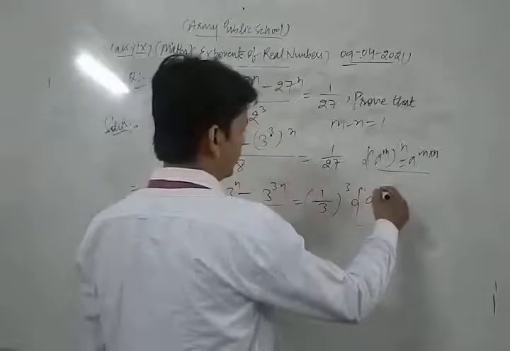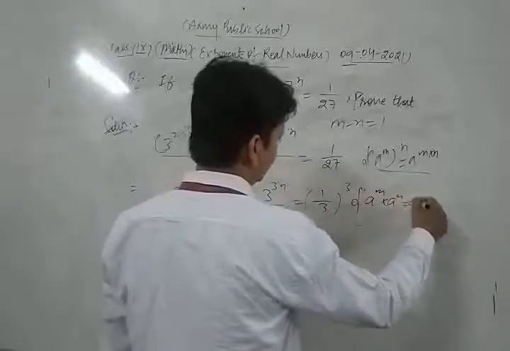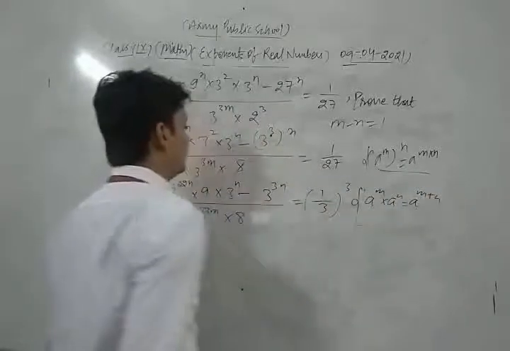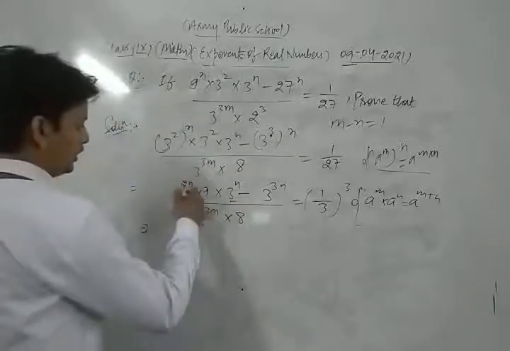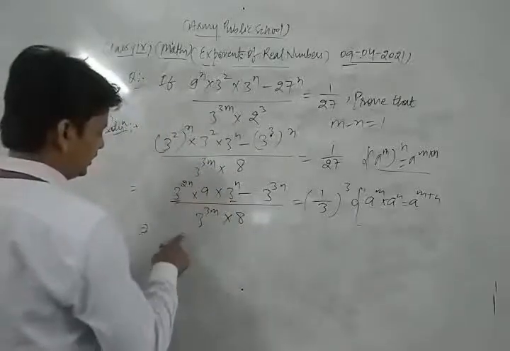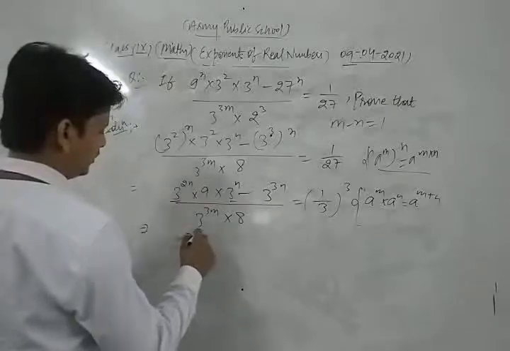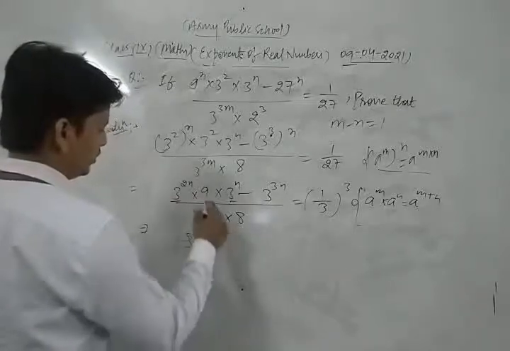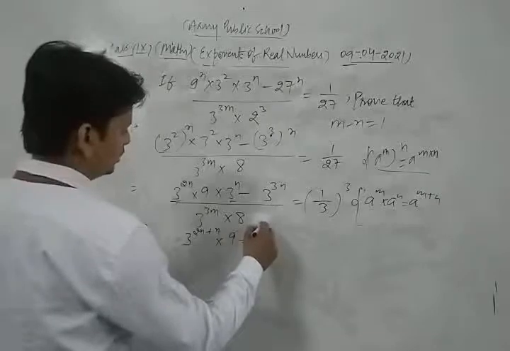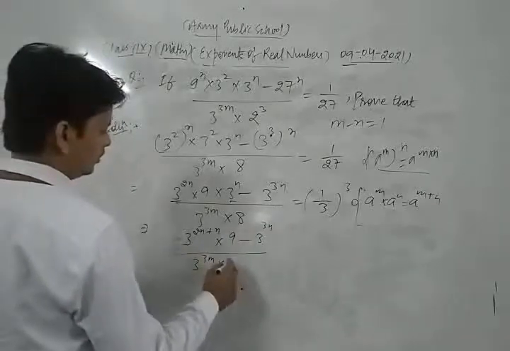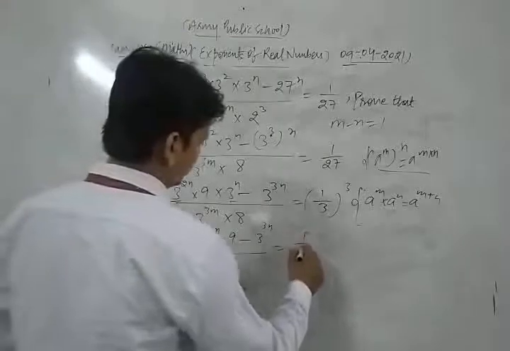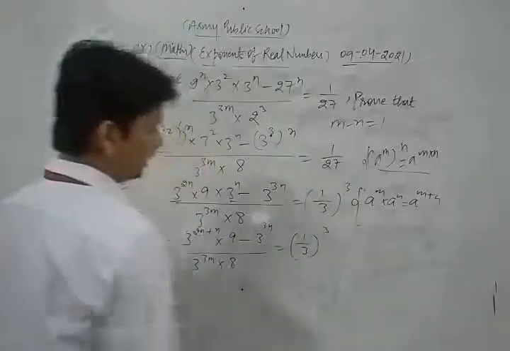You know that a power m into a power n means a power m plus n. So here 3 is common, so here 2n and here n. So we write 3 power 2n plus n into 9 minus 3 power 3n as it is, upon 3 power 3m into 8, is equal to 1 upon 3 to whole power 3 as it is.